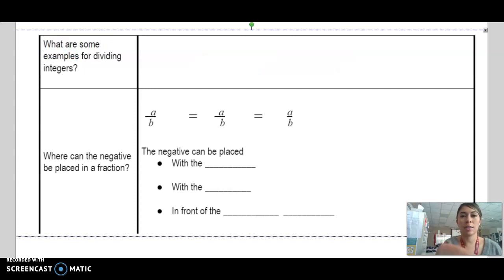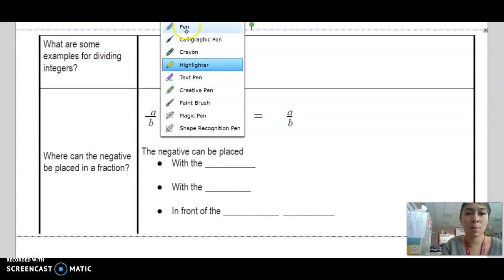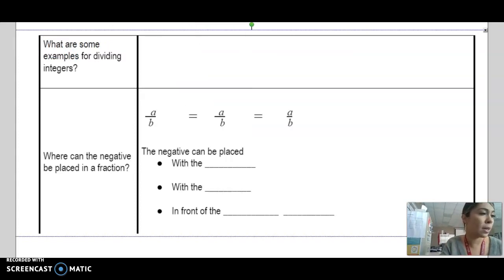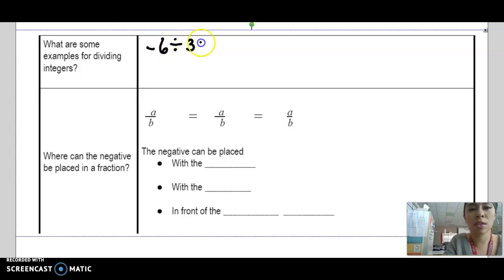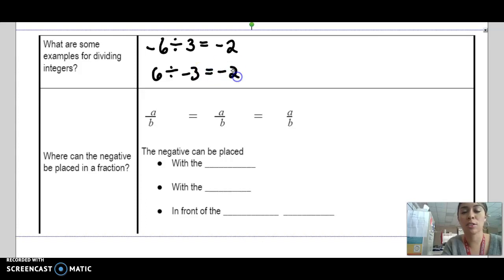Okay. So let's talk about some common examples. Some common examples that you will see will be maybe -6 divided by a +3. So remember that when you divide a negative with a positive, your answer should be negative. And if you divide a positive with a negative, you should also get a negative answer still.